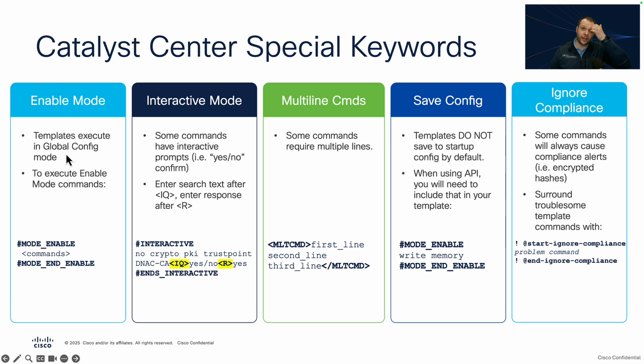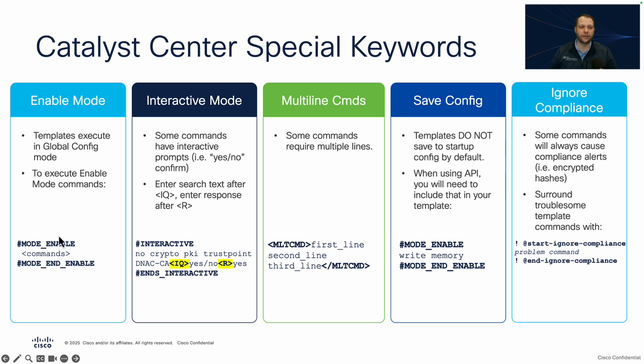So whenever a template is generating output, the output from that template is going to be commands that are run on a device. And Catalyst Center considers every one of those commands to be run in global config mode. So if you were on the command line of a switch, for instance, this would be in the config terminal prompt. And all the commands that the template contains would be run in that config terminal prompt. But we know that some commands actually need to be run at the enable mode.